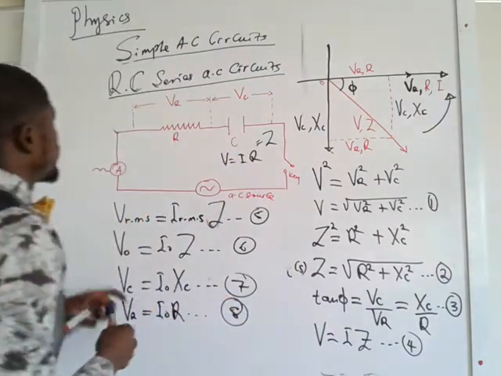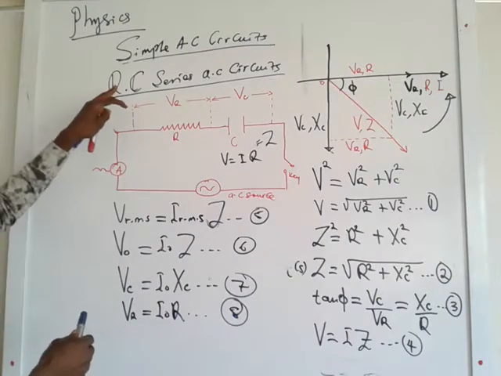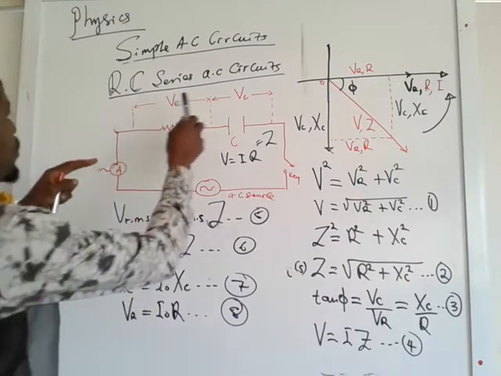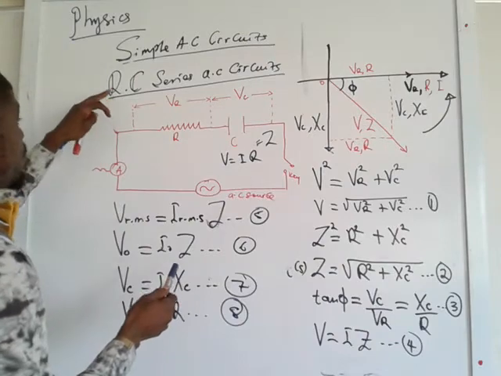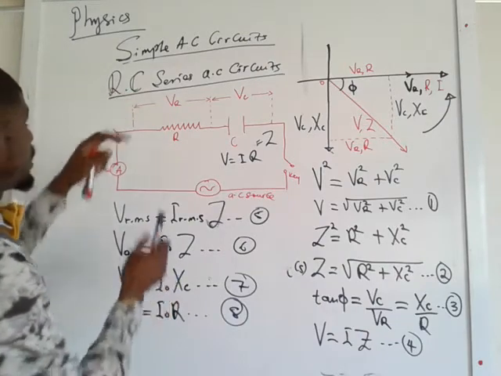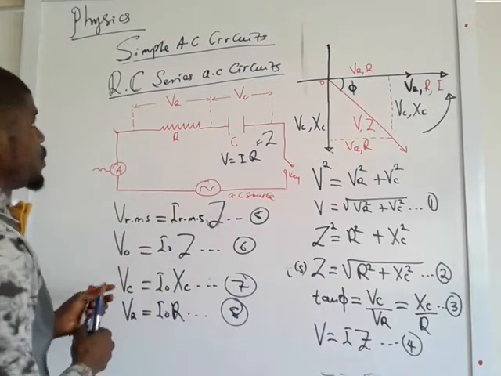So let's look at what happens when you connect R and L in series in an AC circuit.